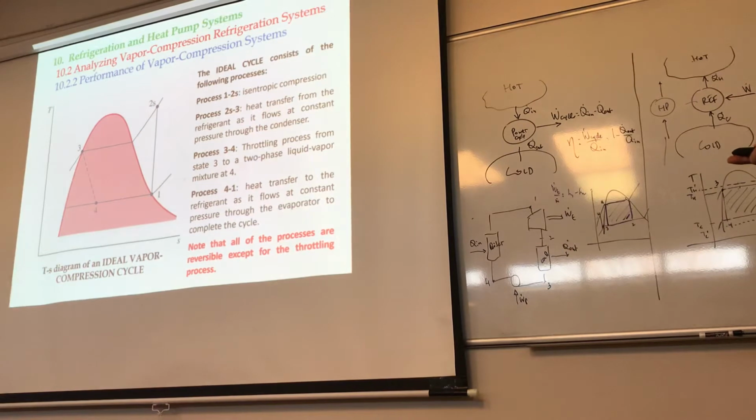It says throttling process from 3 to 4 to a two-phase liquid-vapor mixture, and then 4 to 1, heat transfer to the refrigerant as it flows at constant pressure through the evaporator to complete the cycle. There is a note here at the end that says that all processes are reversible except for the throttling process.